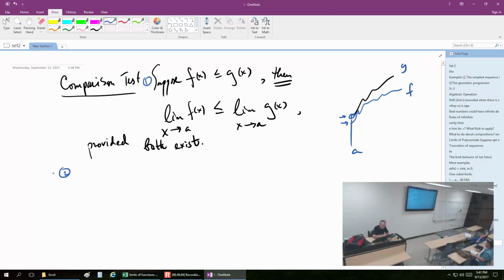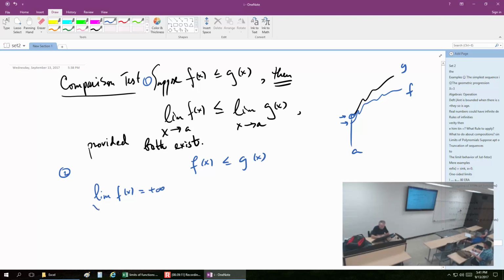So that's the first part. The second part is what to do with infinities. Okay, so suppose we still have that inequality, but what if one of the limits is infinite? So suppose like this. Case 1, limit of f of x is equal to, say, plus infinity.